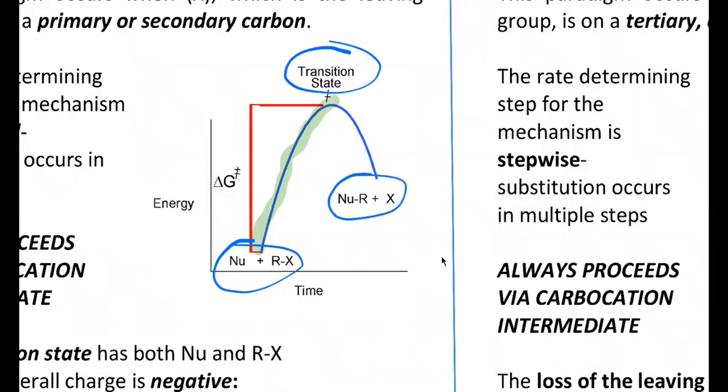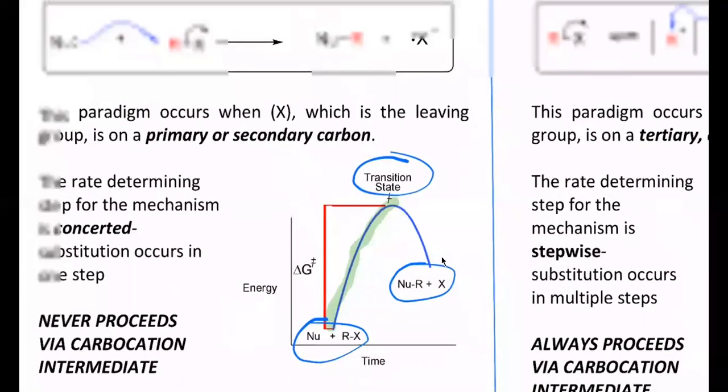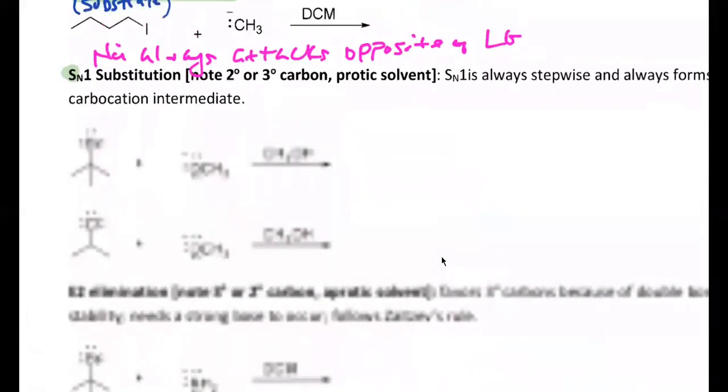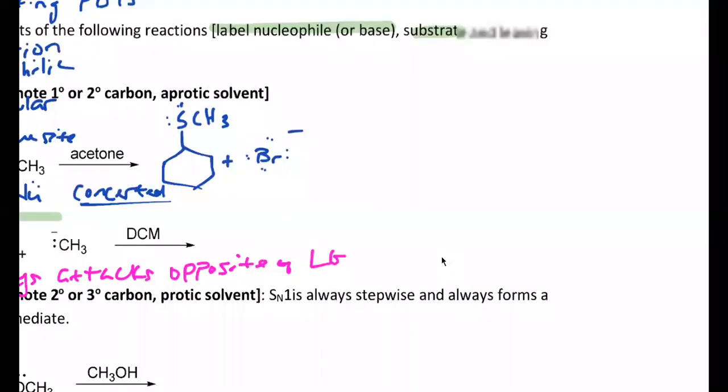Knowing that the nucleophile and the substrate are both involved in the rate determining step, you can write the rate law. So for SN2, I'm going to write it up here in the corner.